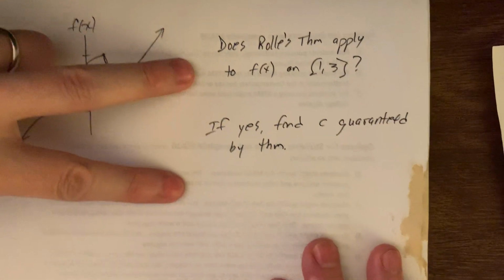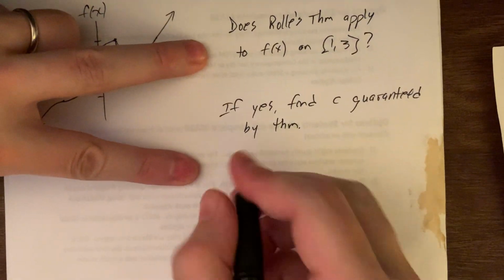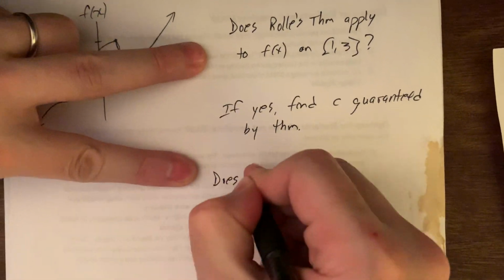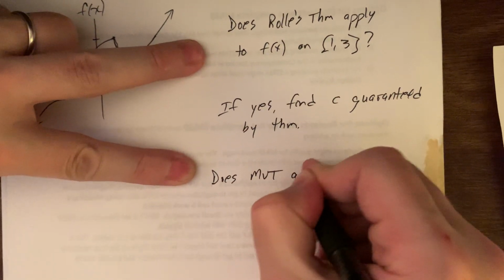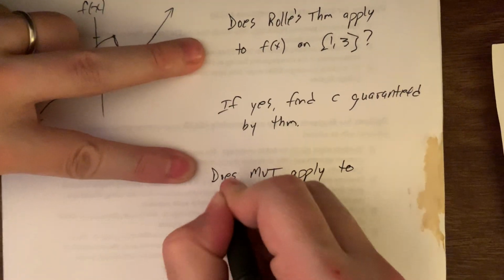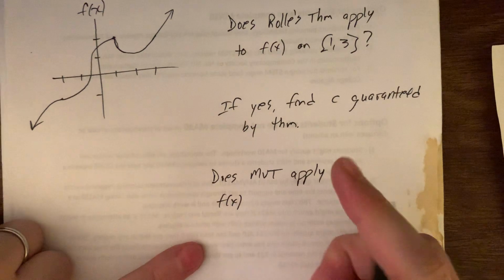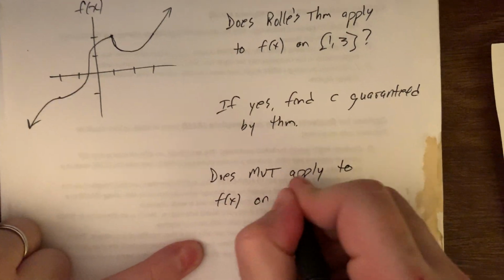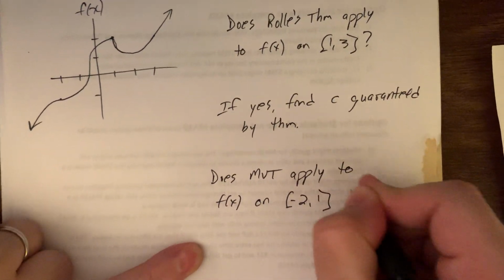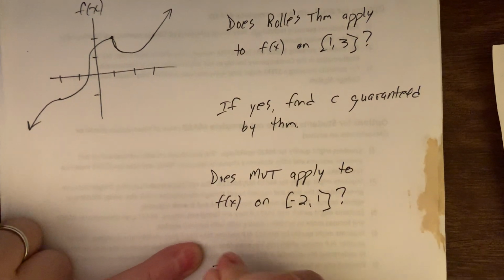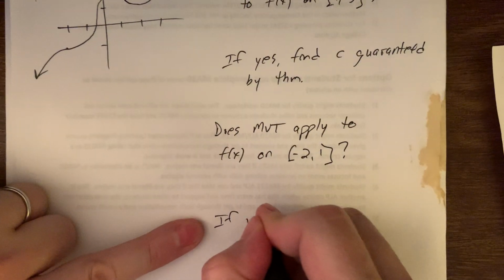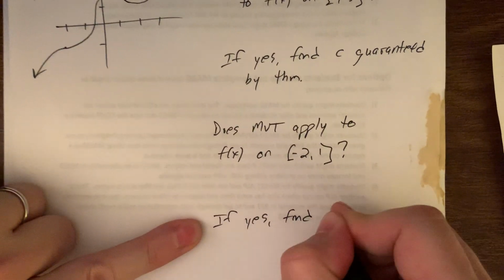And then we'll do 2 quick follow-up questions with mean value theorem. Does mean value theorem apply to our function f of x, but this time we'll change our interval and go from -2 to 1. And then similarly, if yes, find the c.